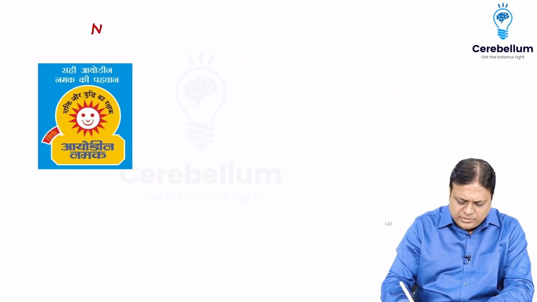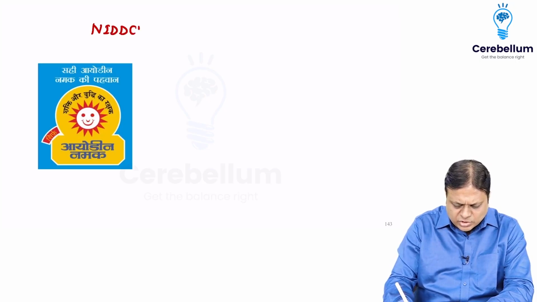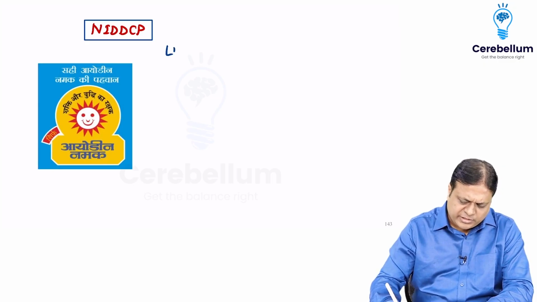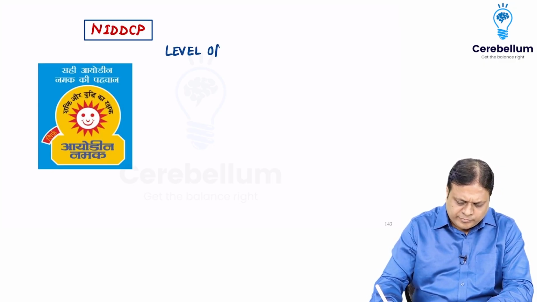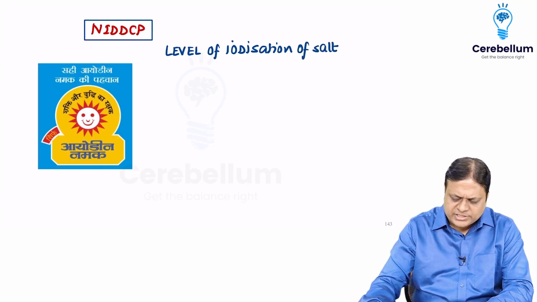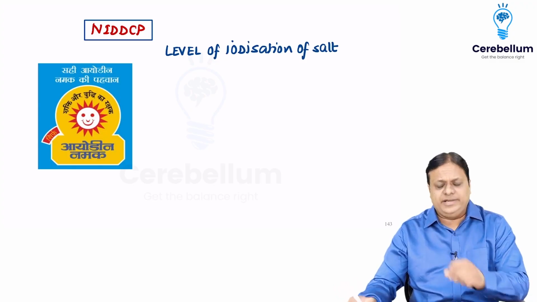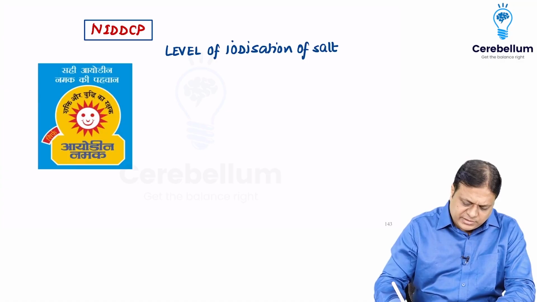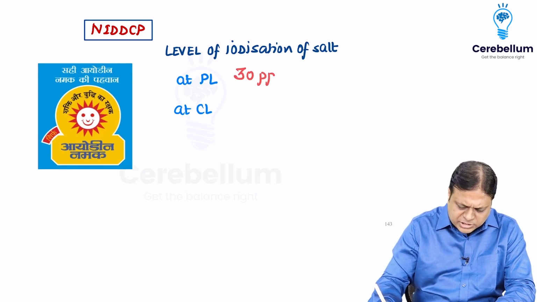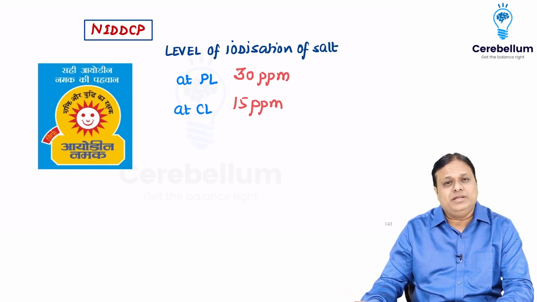National Iodine Deficiency Disorders Control Program. If you look at the level of iodization of salt in India, salt is the major source of iodine for us in India. So when we look at production level and consumer level, it is 30 parts per million and 15 parts per million respectively.